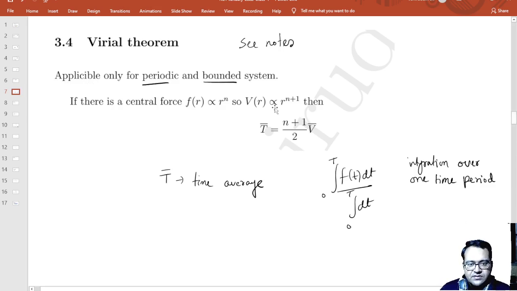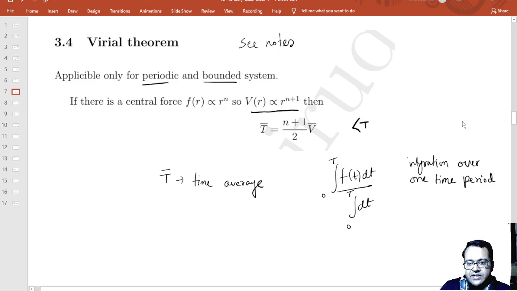The theorem is: if there is a central force F(r) which is proportional to r to the power n, so that the potential energy V(r) is proportional to r to the power n plus 1, then the average value of T equals (n plus 1) by 2 times the average value of the potential energy.